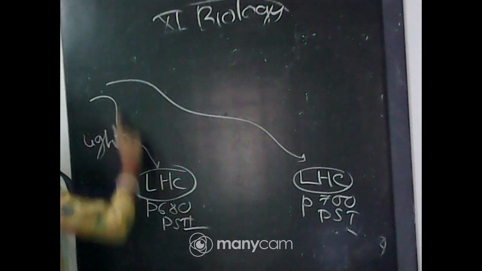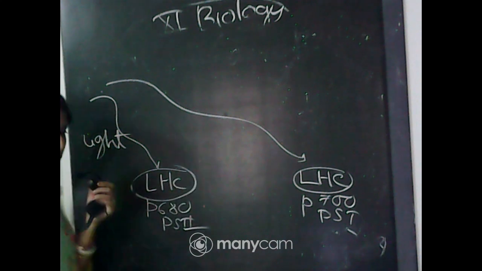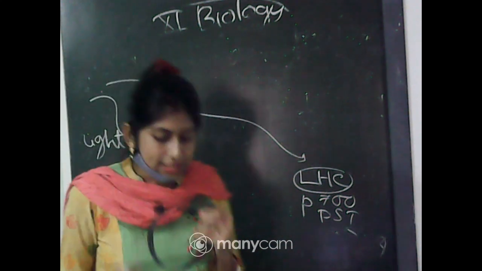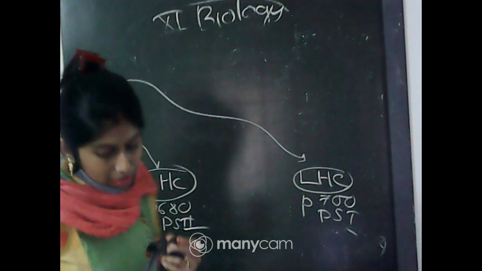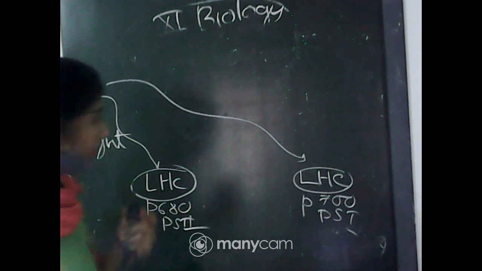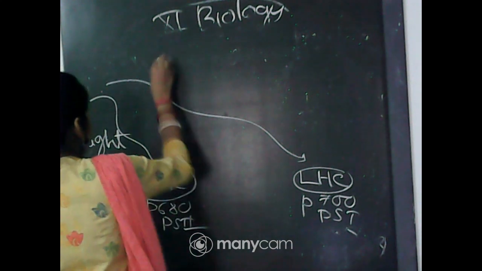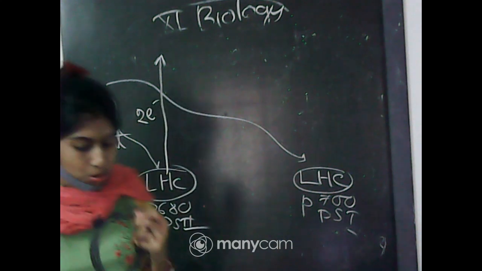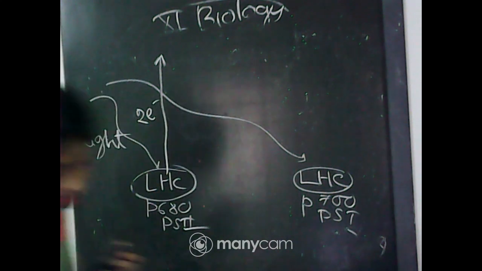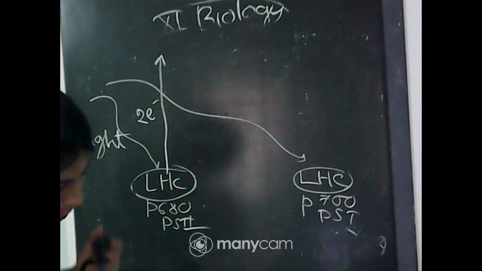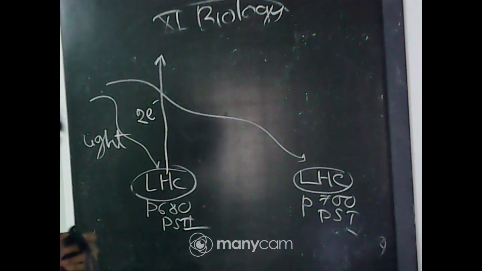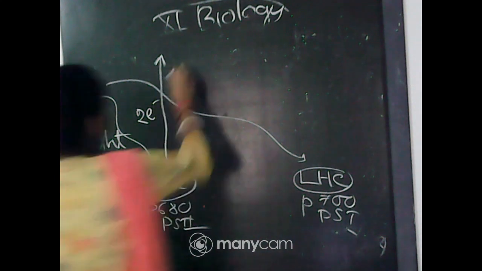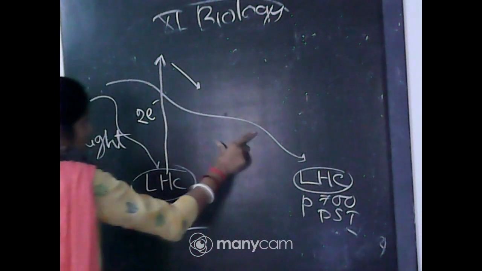When they get the light energy, they are excited and jump up. These electrons are accepted by a primary electron acceptor, which passes them to the electron transport system.